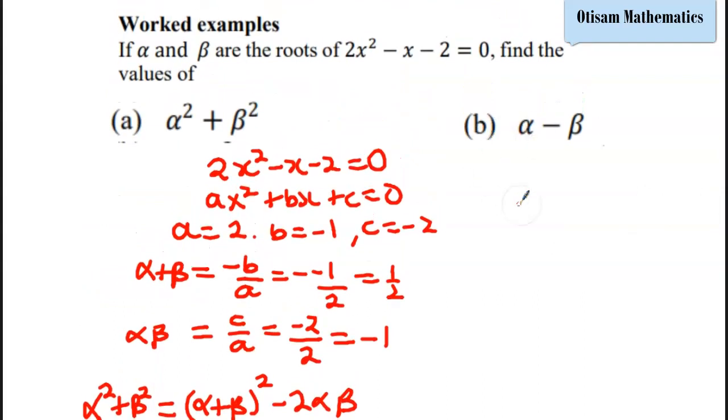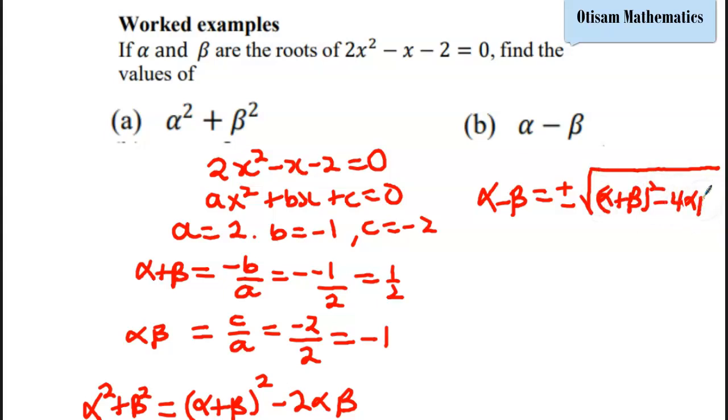Let's look at the next one. So alpha minus beta is equal to, from our expression, plus or minus square root of alpha plus beta all squared minus 4 alpha beta. So we just have to substitute the values.